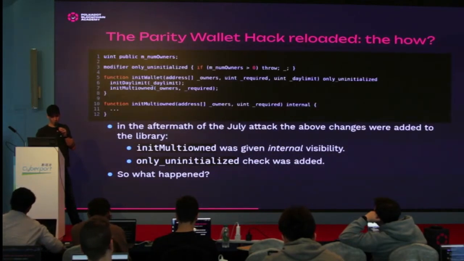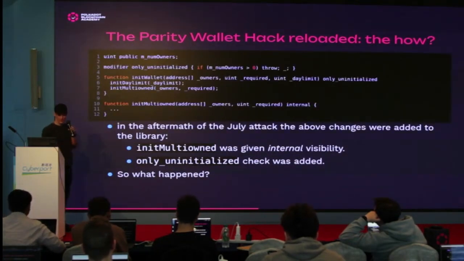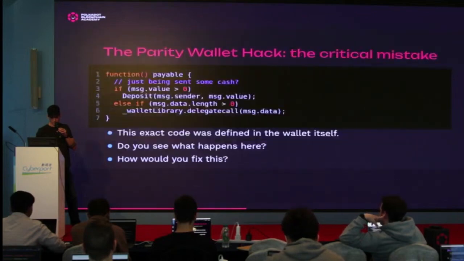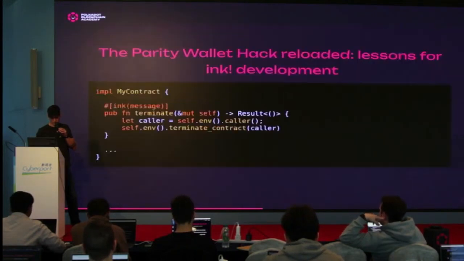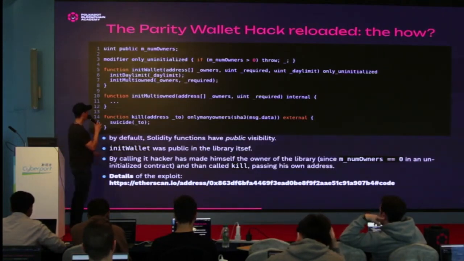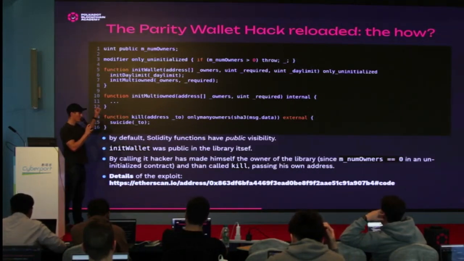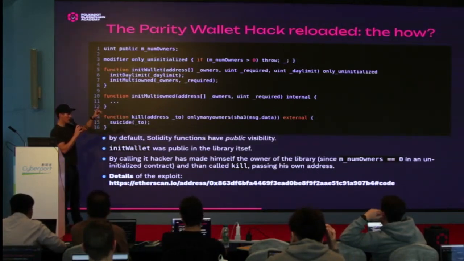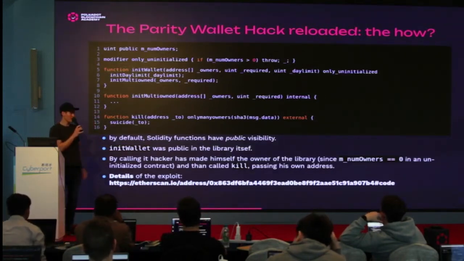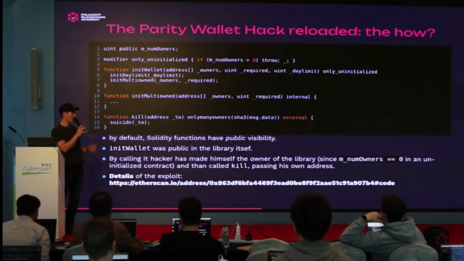But in fact, this only meant that, because this was proxied, withdraw or any other function that you would call would try to delegate call, and oh, the library was no longer there, right? So there was no way to withdraw any funds or basically call any other function. They're stuck to this day.